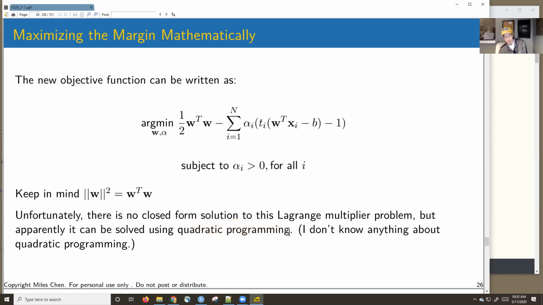I never learned quadratic programming, and I tried to look it up, but it was more work than I wanted to learn. So I don't actually know how quadratic programming works. But apparently it can be solved, and you set it up using these Lagrange multipliers, and the rest you just say, all right, computer, do the quadratic programming for us. Basically it will run through an iterative algorithm to find the solution here.